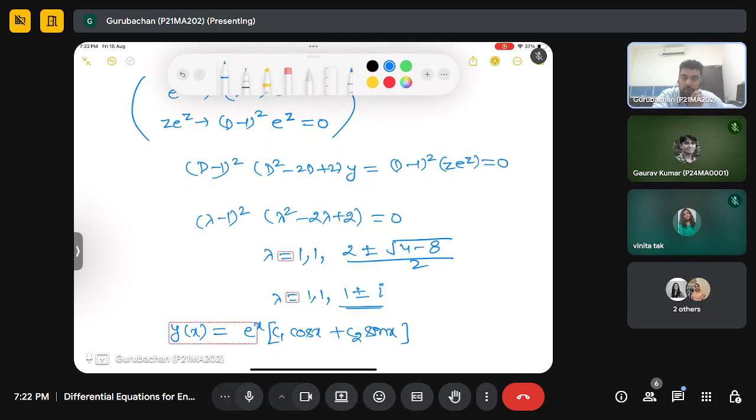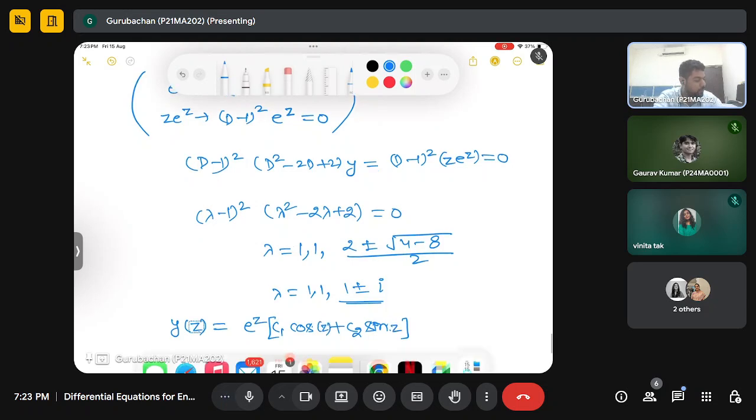But this is wrong. Why? Our independent variable was z, so we cannot write x here. We should replace x at each place with z, so this will be e to the power z (c1 cos z plus c2 sin z).